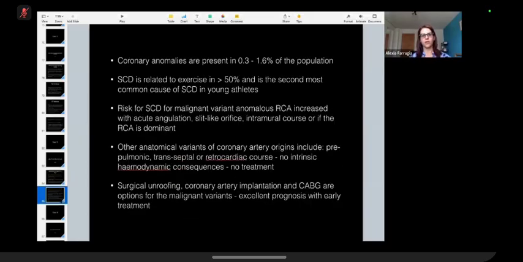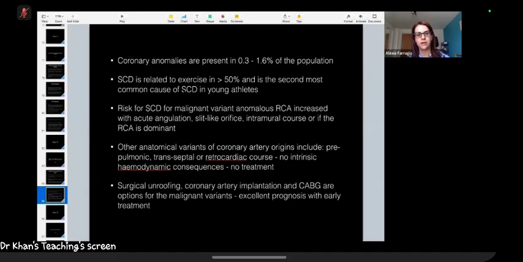So coronary anomalies are quite rare. They present in 1% of the population. They can present rather late as well. This lady was 48. Sudden cardiac death is usually related to exercise in more than half of patients. And this is the second most common cause of sudden cardiac death in athletes after HOCM or hypertrophic cardiomyopathy.